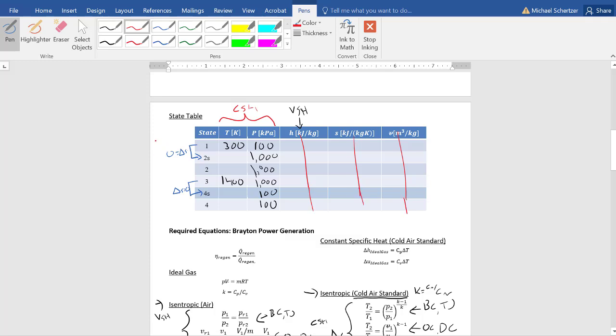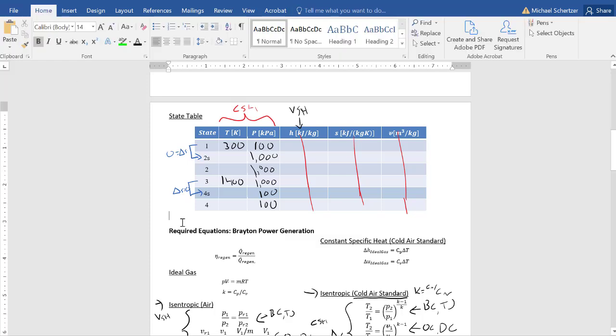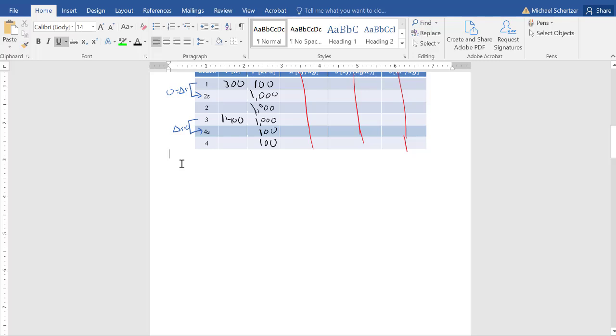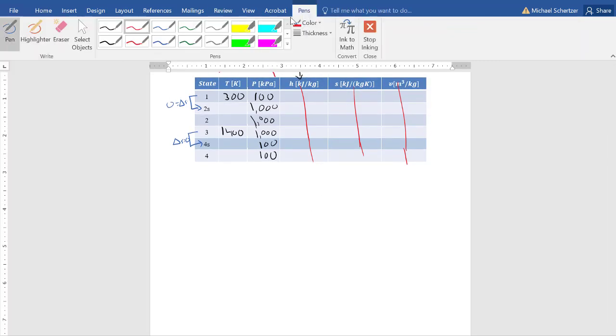So now here, all I got to do is find the isentropic processes. So here, as I go from state 1 to state 2S, I'm going to give myself some space over here. So from state 1 to 2S, this is isentropic.